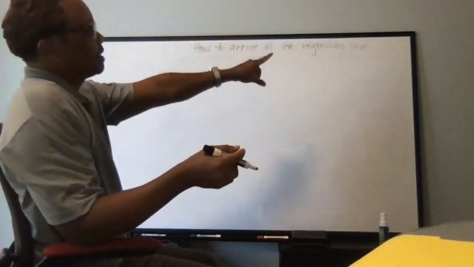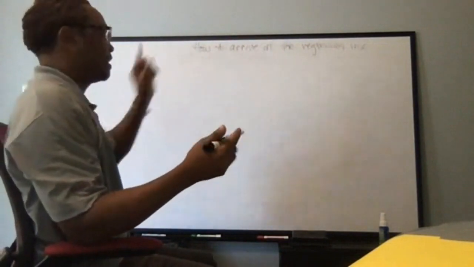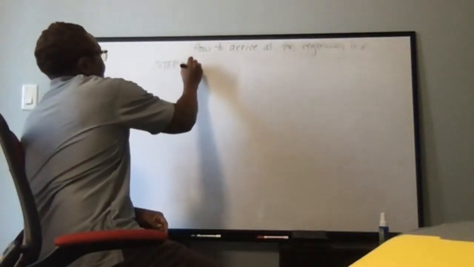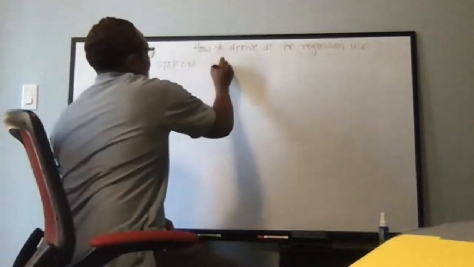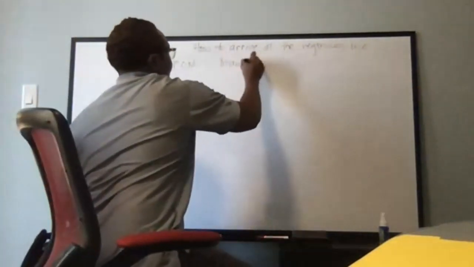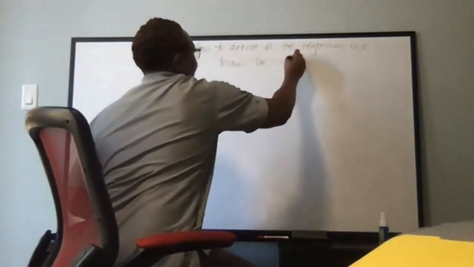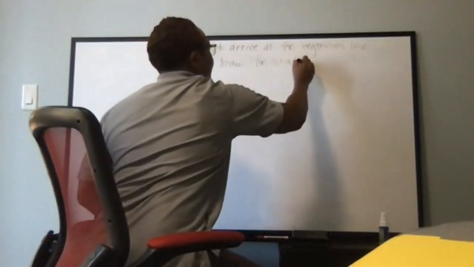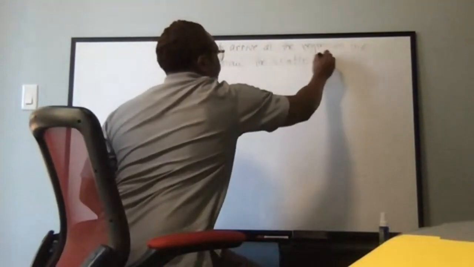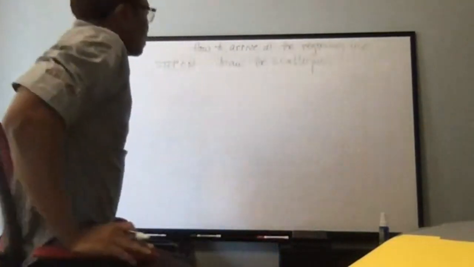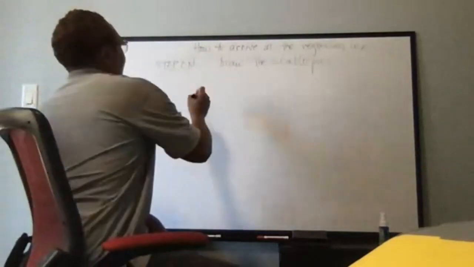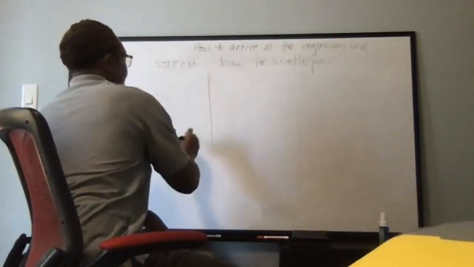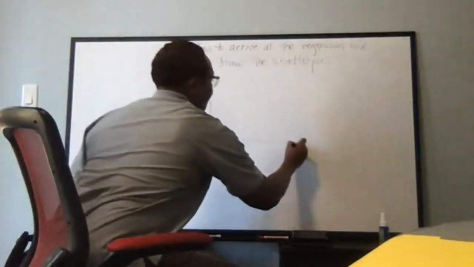This regression line is going to be what we call the line of best fit, and we'll see why in a second. So let's say step 1. Step 1: draw the scatter plot. So essentially, you draw a coordinate plane, right?